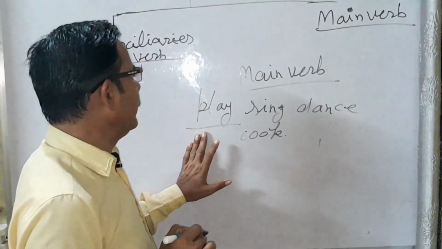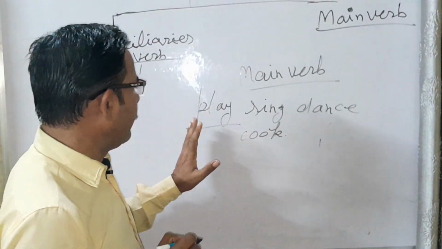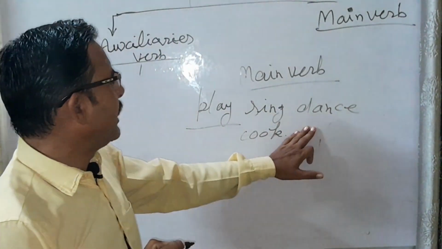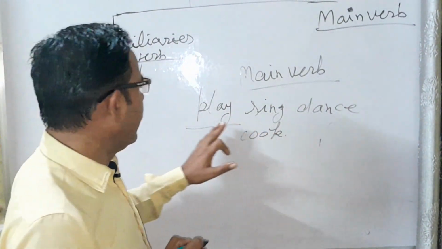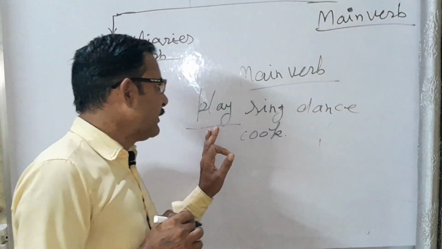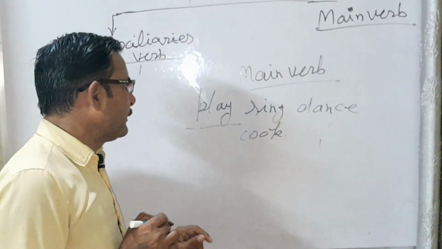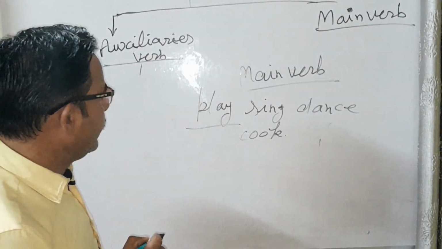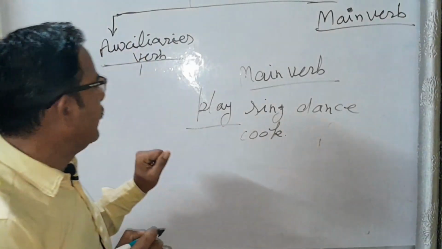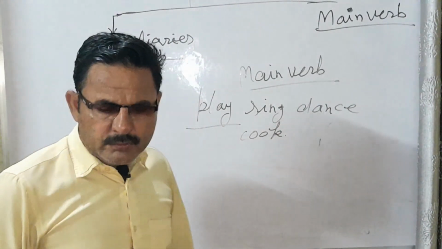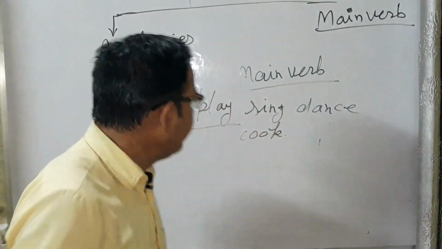We can write them in the past form, the past participle form, and the ing form. Sometimes we use s or es. In various kinds of tenses, we use different forms of the main verb to show the action, to show the tenses.